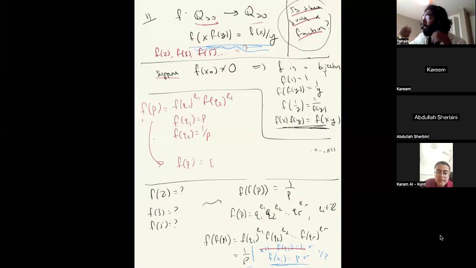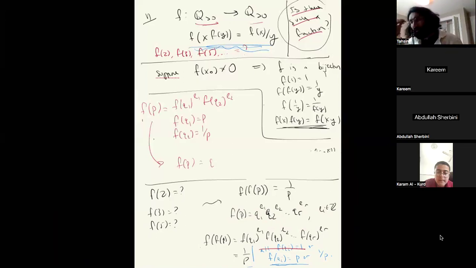Sorry, I mean at least one of them has to be the same if the only options are p, 1, 1 over p. Then that contradicts the fact that we have a bijection. Oh, I see. You're saying I take all the primes or something.